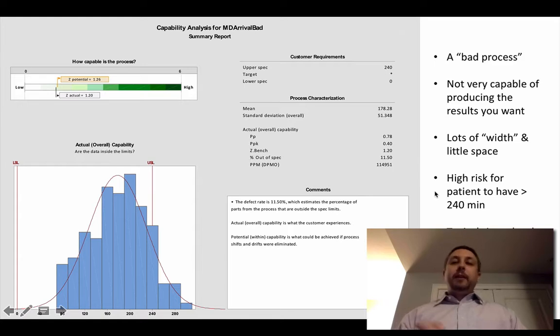For any particular patient entering this system, there's a substantial risk that they're going to have more than a 240-minute wait, or a wait greater than the upper spec limit, or a defect. And again, this is a very typical defect rate per service industries, and particularly for healthcare processes when we first look at them.